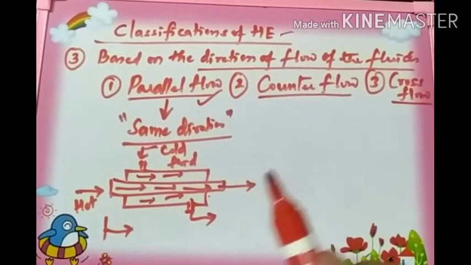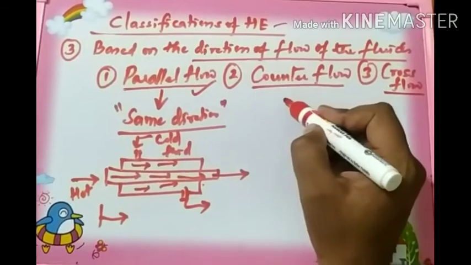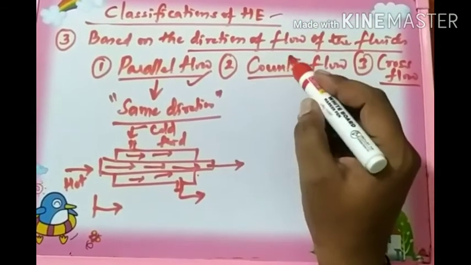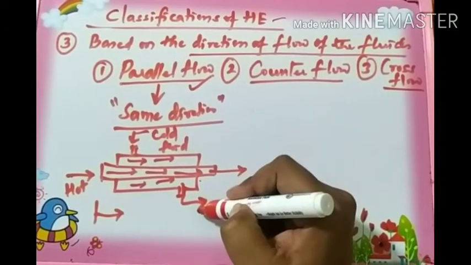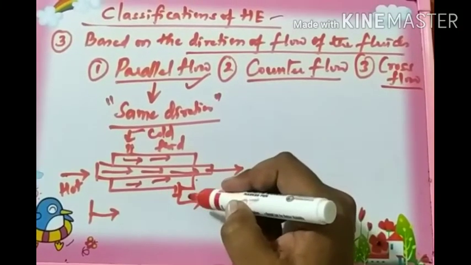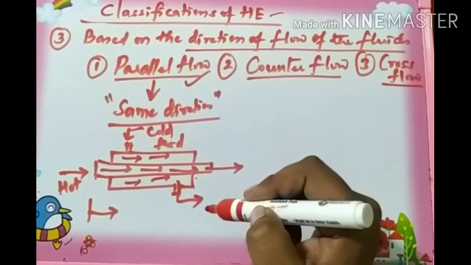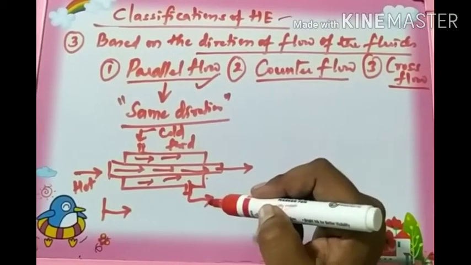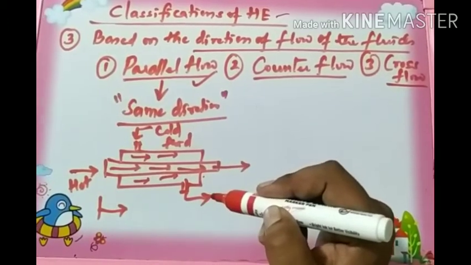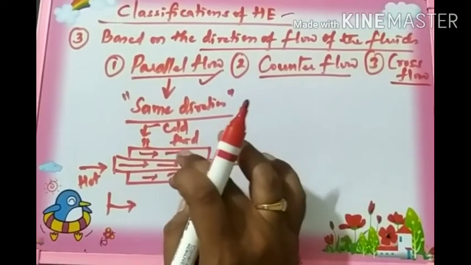Next, counter flow heat exchanger. If the two fluids flowing inside the heat exchanger flow in opposite directions, they are called counter flow heat exchangers. Now let me take the same example.